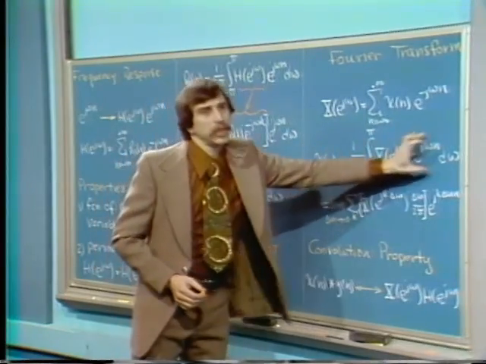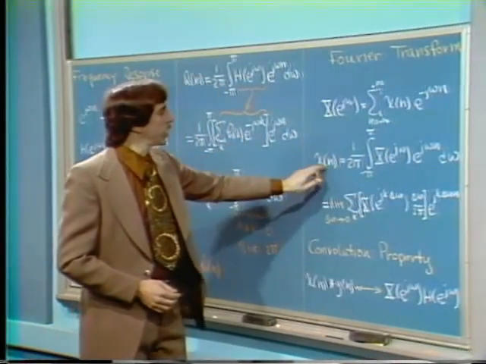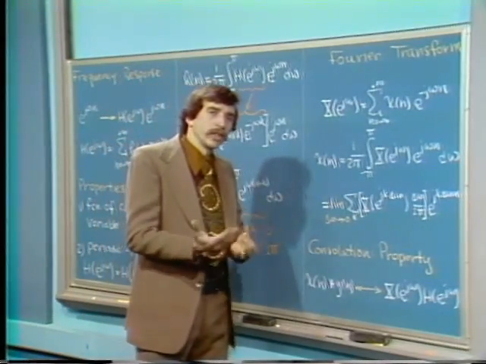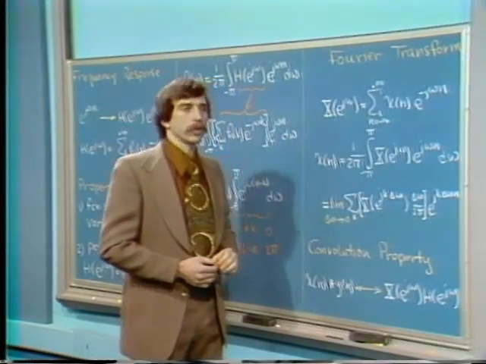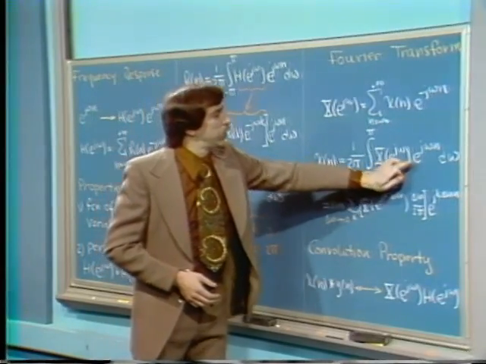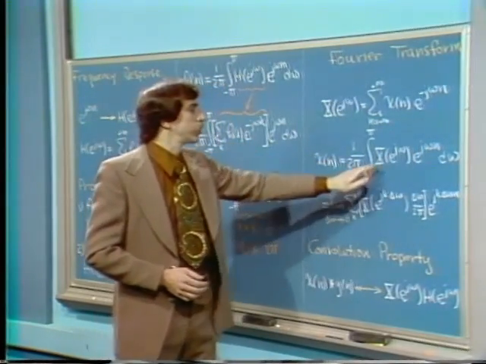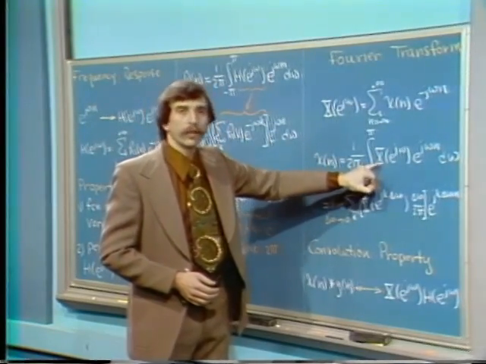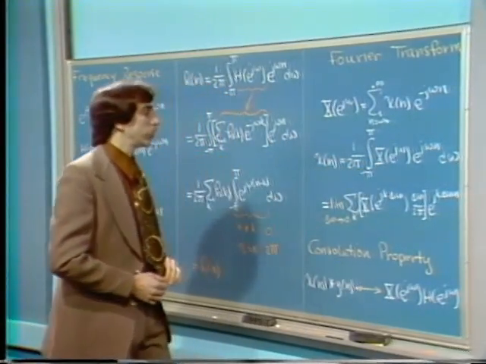This is basically an expression that says that x of n is a sum, except that it's a sum sort of in the limit which corresponds to an integral, of a set of complex exponentials with amplitudes that are essentially given by the Fourier transform x of e to the j omega.